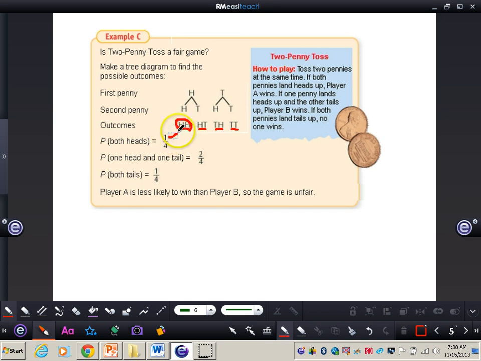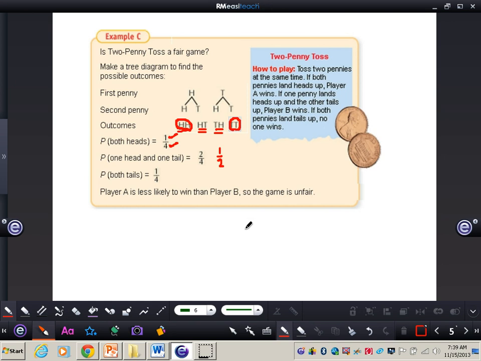So 1 represents the desired outcome, 4 the total amount of outcomes. 1 head, 1 tail: you can see 1 head, 1 tail, and 1 tail, 1 head. So 2 out of 4, or that could be 1 out of 2 chances. Both tails we can see is 1 out of 4 chances as well, just like both being heads.